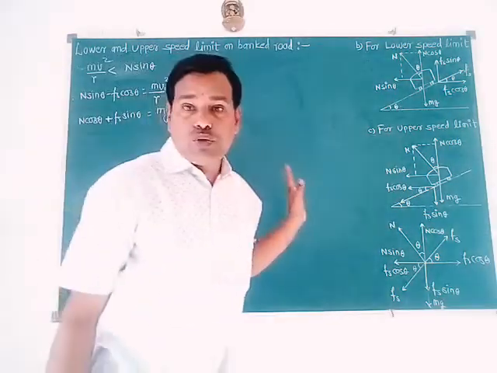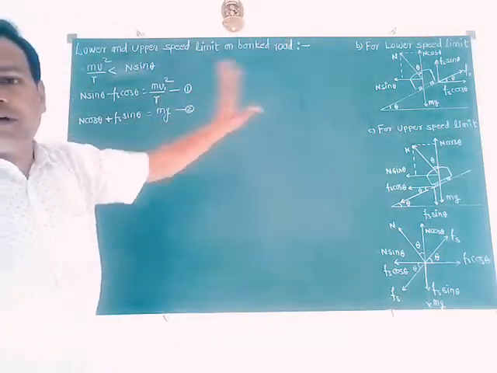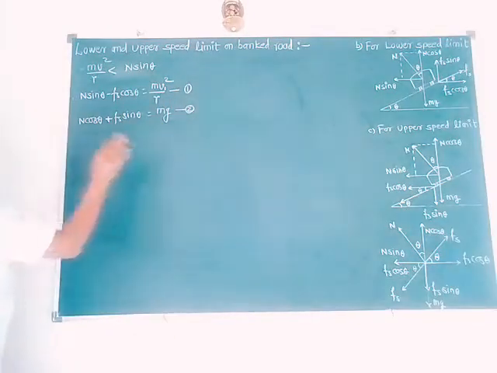So now these are the two relations for the lower speed limit of a vehicle on a banked road. Now using equations 1 and 2, divide equation 1 by 2.